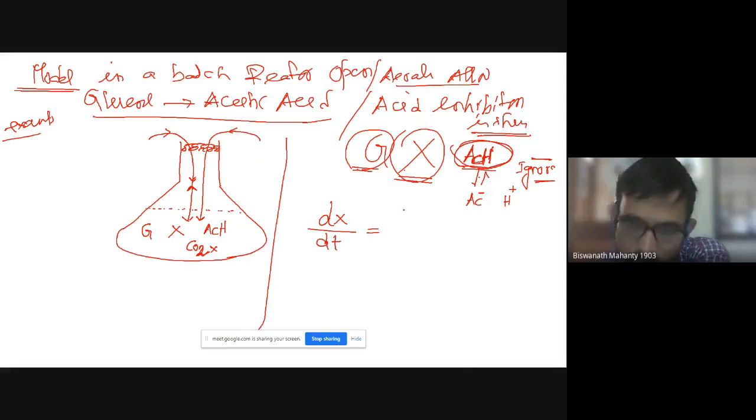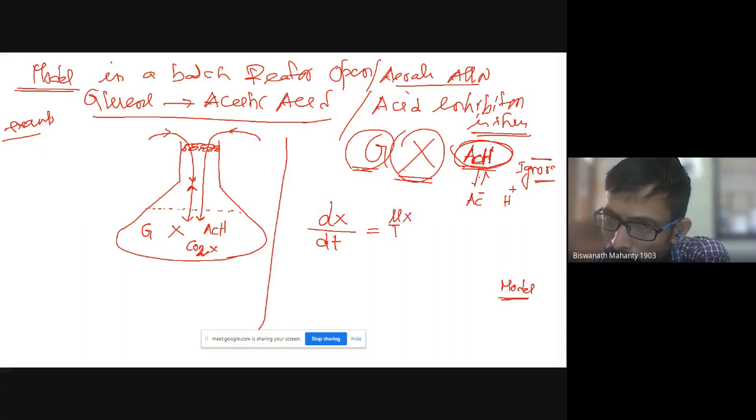Okay, but growth, you should try to write in the fast manner. So growth model, what model will you take? Temporarily, for every model I am discussing nowadays, you can assume the growth model is a Monod model. So if it is a Monod model, then dx/dt equals mu into x, yes or no?